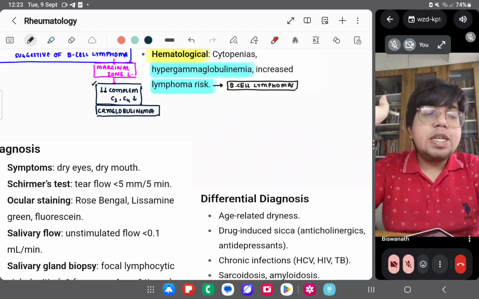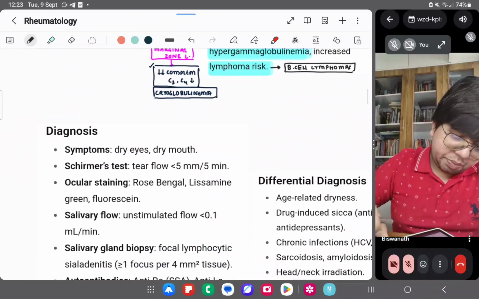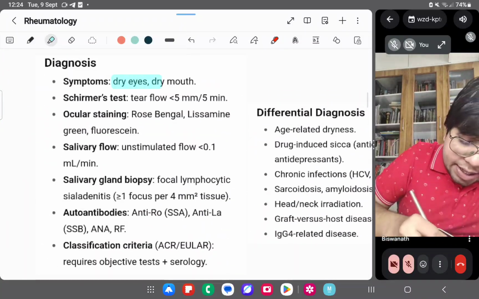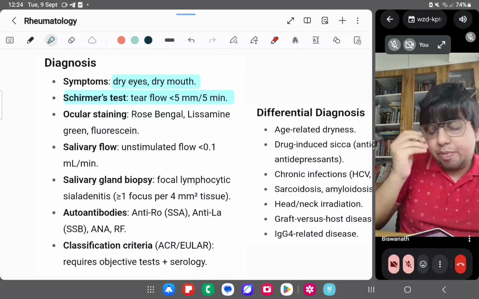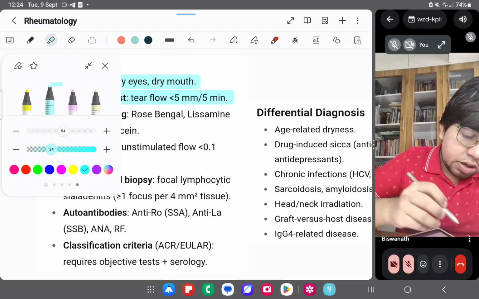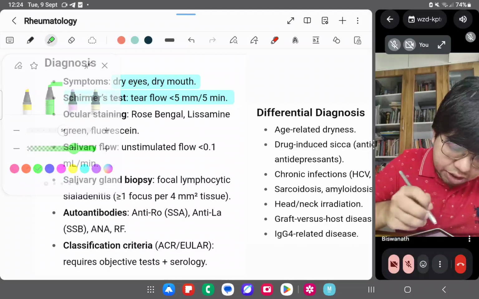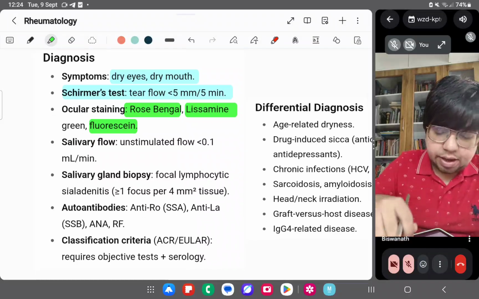Look at the investigations which are done. For the diagnosis, symptoms are dry mouth and dry eyes, tear flow less than 5 mm in 5 minutes. Ocular staining, okay, other stains mentioned are rose bengal, lissamine, and fluorescein.